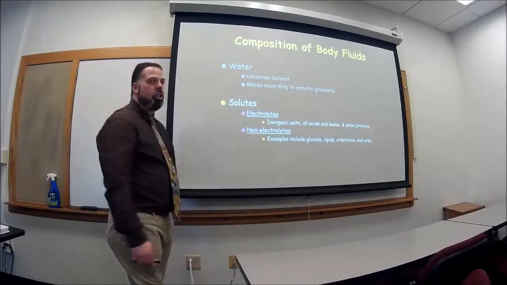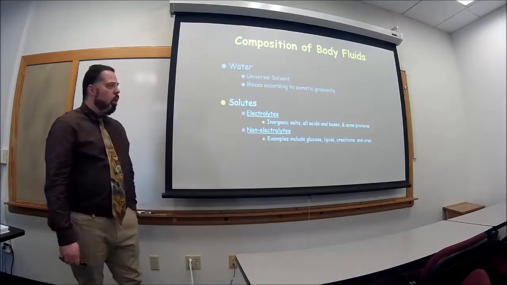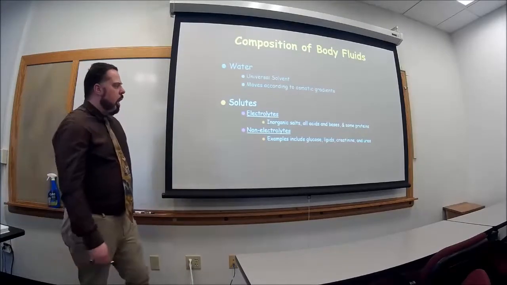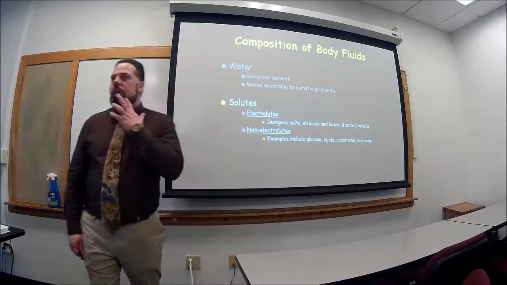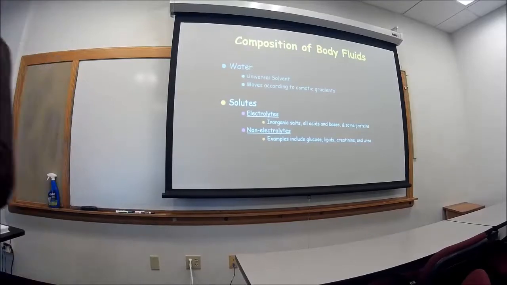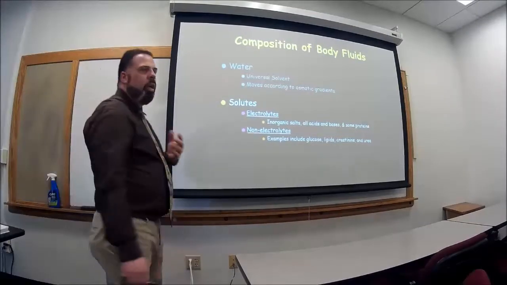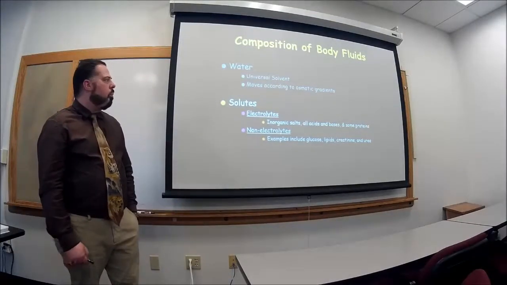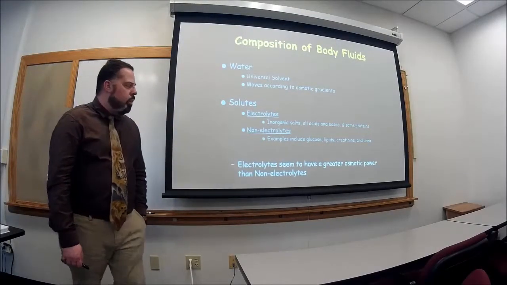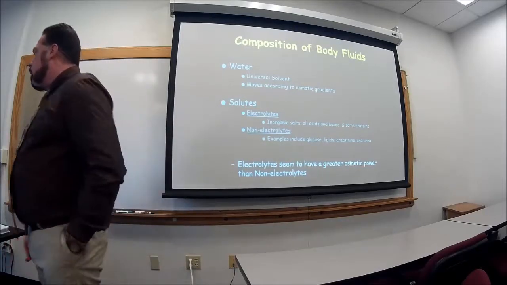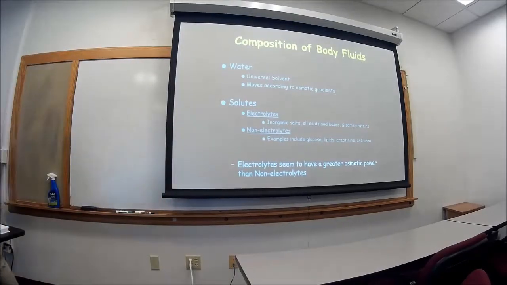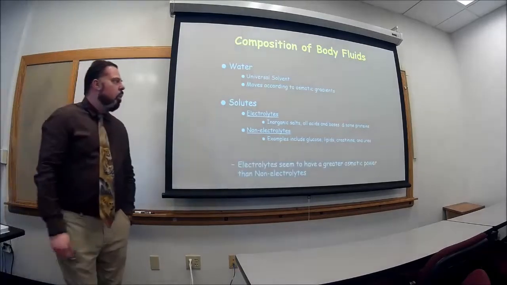Some proteins have a charge to it. Sodium chloride, those kinds of things. And then we also have non-electrolytes that will act as solutes, but there isn't a charge on it. This is going to be like your sugars, lipids, creatinine, urea when we get into those. Okay. And electrolytes seem to have a greater osmotic power than non-electrolytes. I'll show you what I mean by that.